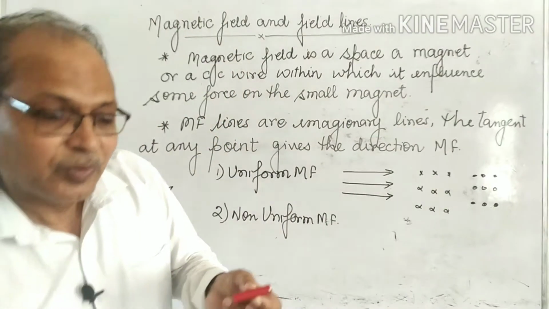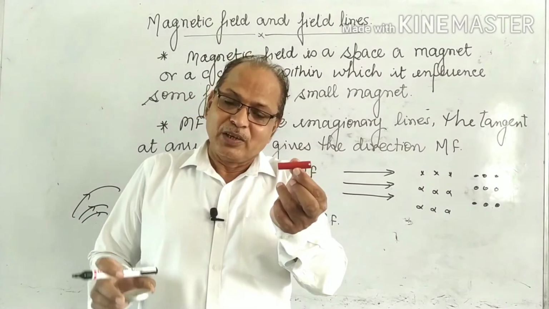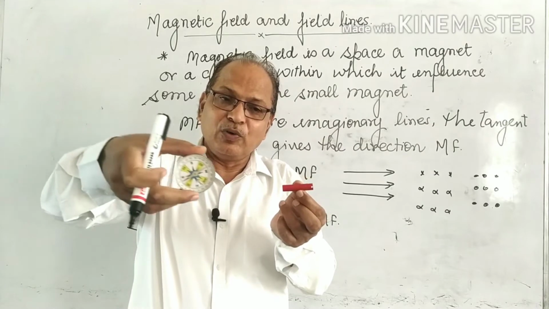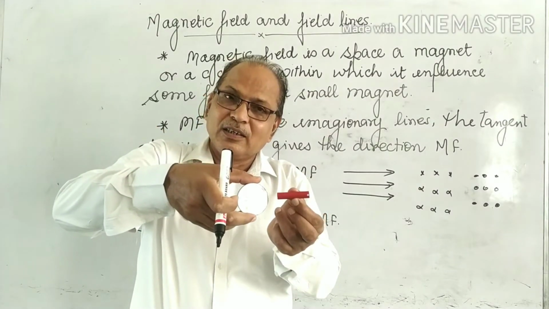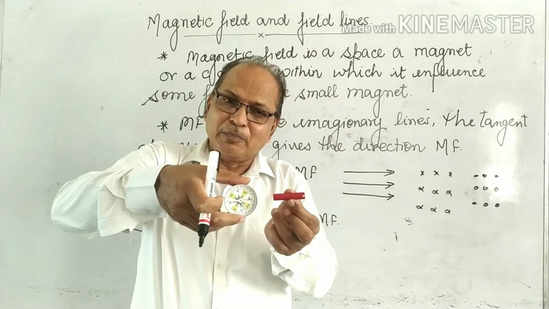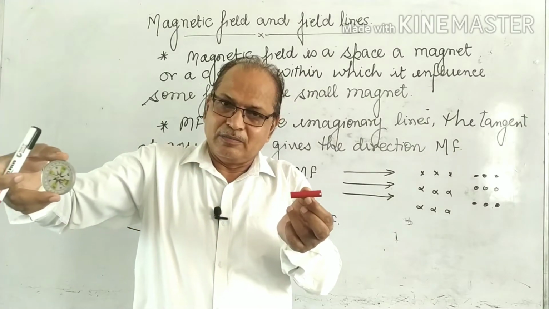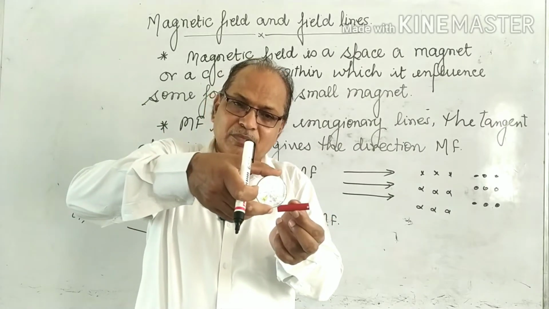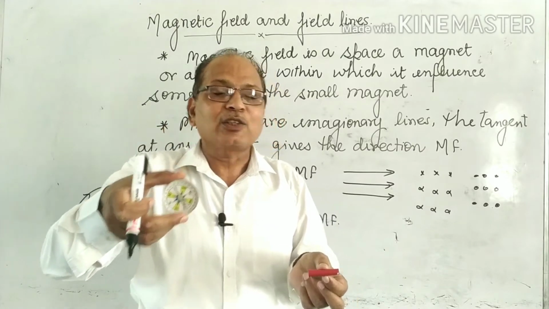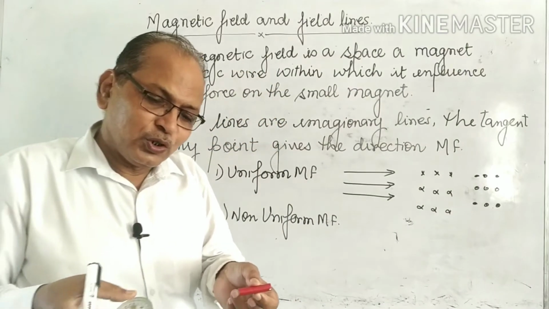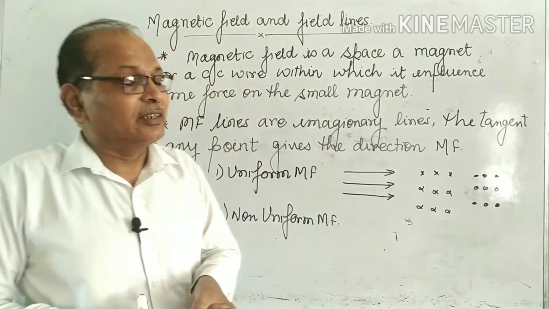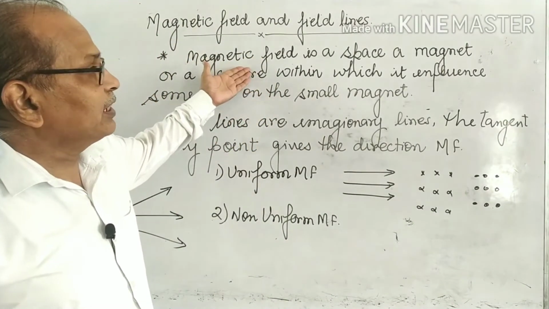For example, this is a magnet, and if you bring a compass needle within this magnetic field, see the deflection. The compass needle experiences some force. So this shows that there is some region around the magnet, and this region is called the magnetic field.